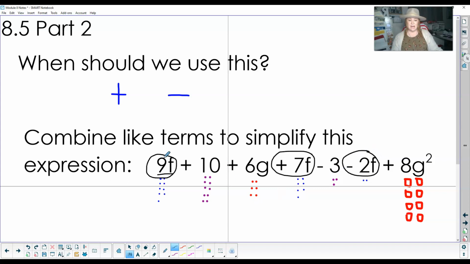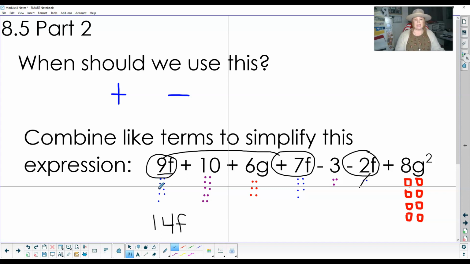So here we have 9 F's plus 7 F's. 9 plus 7 is 16. And then I'm taking away 2 of those. So 16 minus 2 is 14 F's. So I've used all of my F's.